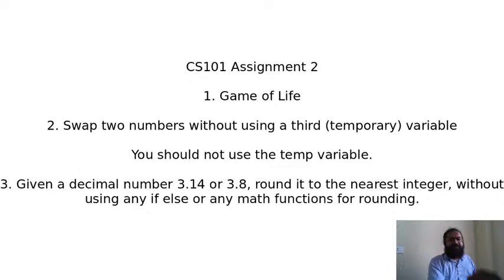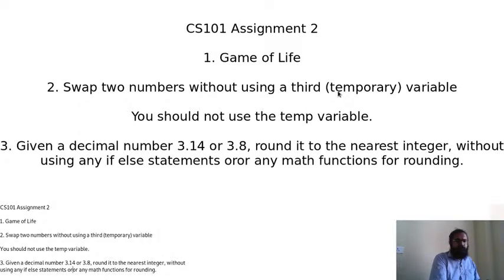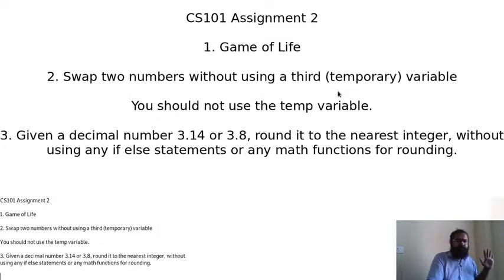Third question is, given a decimal number 3.14 or 3.8, round it to the nearest integer without using any if else or any math functions. So if else statements or anything should not be used. So the idea is that if you have 3.1, then it should print 3.